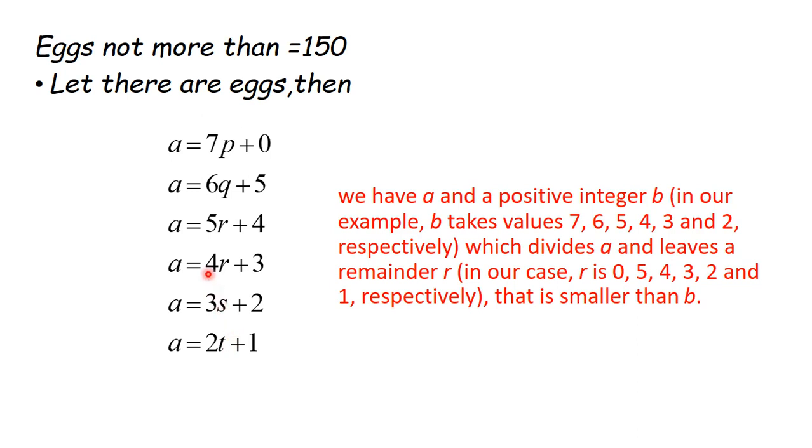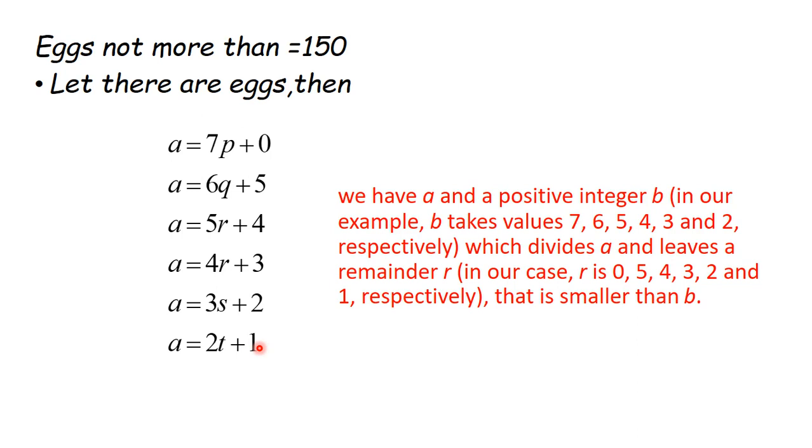If I divide this positive integer a by these positive integers, and what are the values of these positive integers b, 2 to 7, I will get quotients p, q, r, s, t, and remainders 0, 5, 4, 3, 2. Which is similar to what we have done earlier.